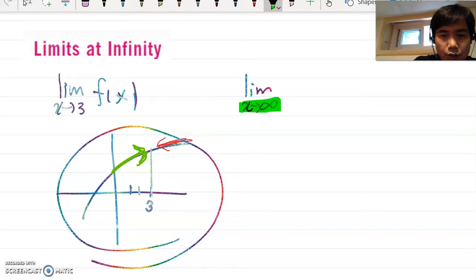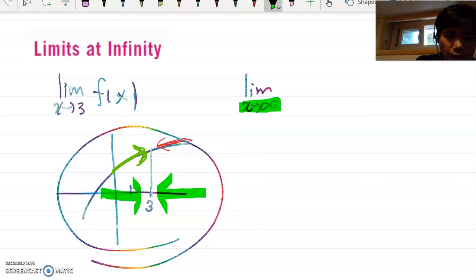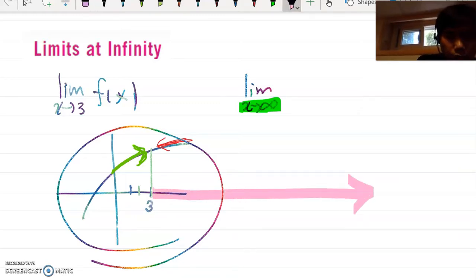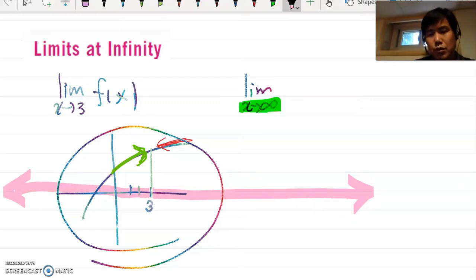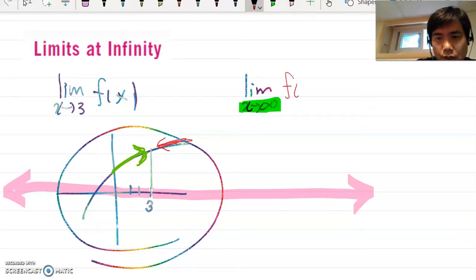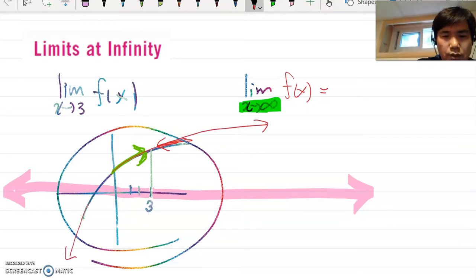Before, we were focusing on one particular x value, but this time x goes in this direction to infinity. You know what I'm talking about, right? In this particular case, because the line keeps on moving up and down, it goes to infinity here.